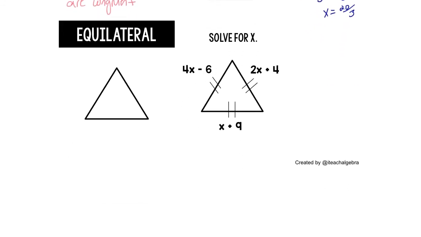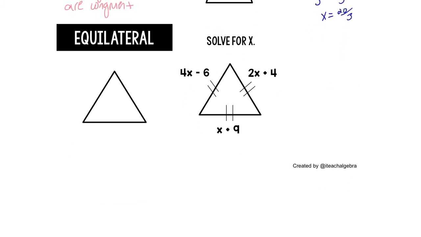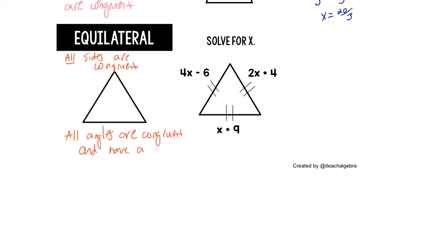Last triangle is an equilateral triangle. That means that all the sides are congruent and all angles are congruent and have a measure of 60.